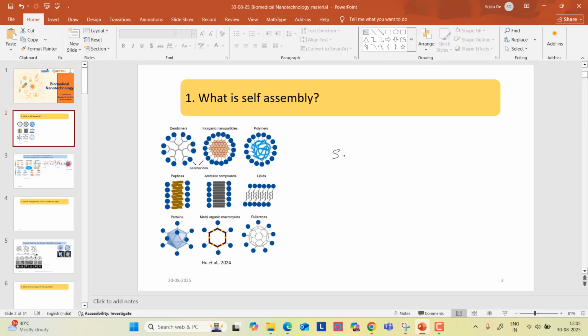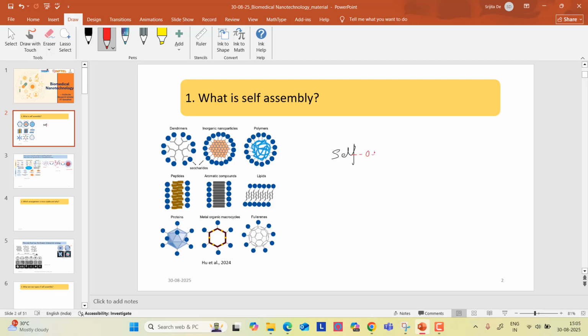It is a spontaneous self-organization of molecules. Okay, and it applies some kind of non-covalent forces which will come later.